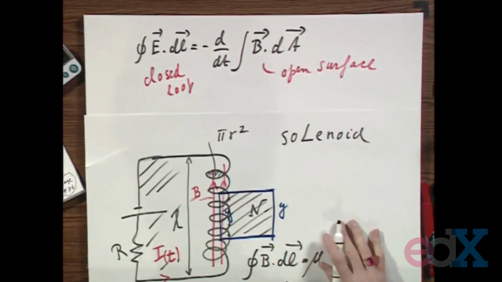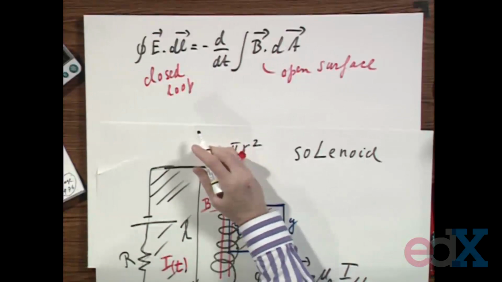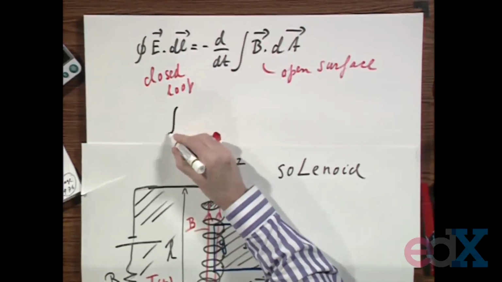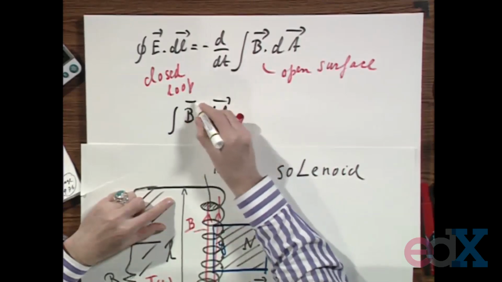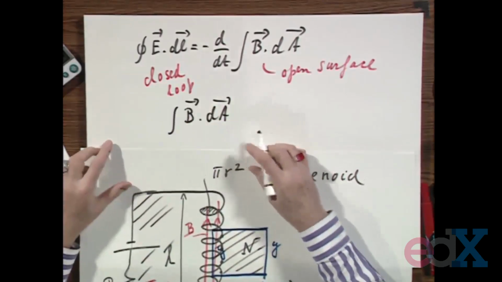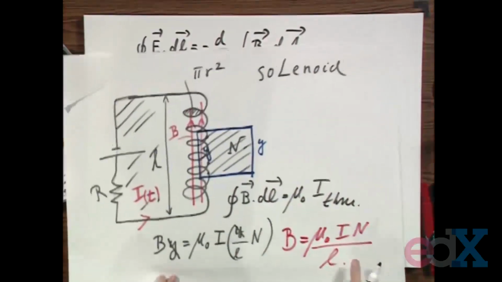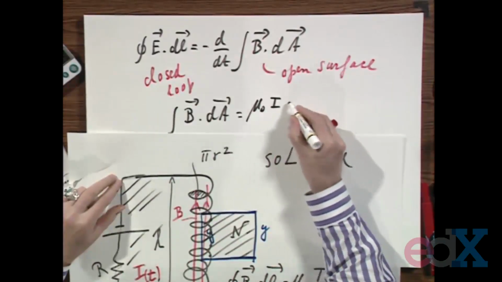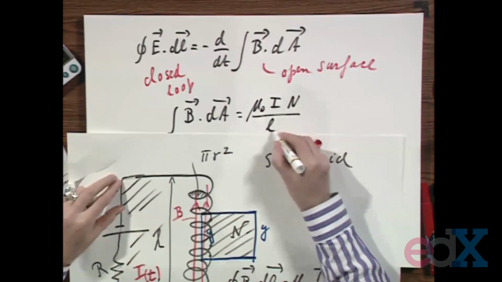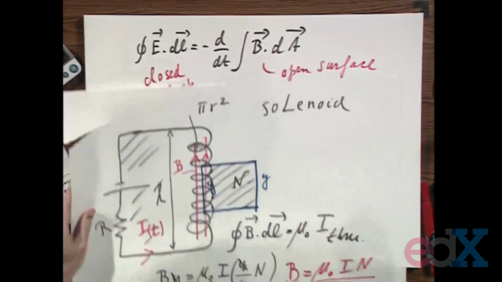Well, the integral of B dot dA over that open surface, that staircase surface, first of all it is B itself. So that is mu 0 times I times n divided by L as a start.